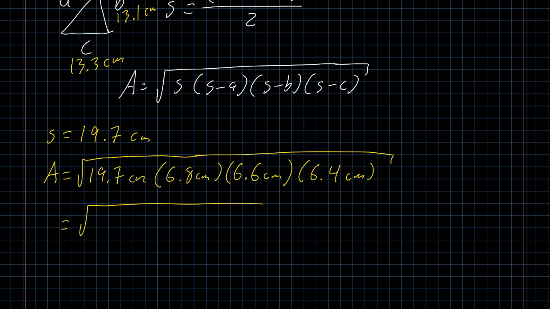All right, multiply all of that together, I get 5,658, but I actually only have 2 significant digits now, so I'm going to call it 5,700. And I have centimeters to the 4th power. That's nasty. Luckily, I am taking the square root of that.